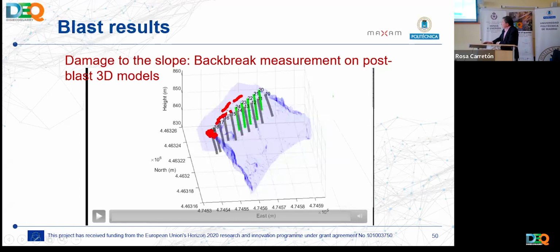So little back break here, big back break here. You should analyze what happened here, what happened here. This is a post-mortem analysis, a forensic analysis of the blast. You can see what happened, and of course you will learn a lot about how to design your blasts.